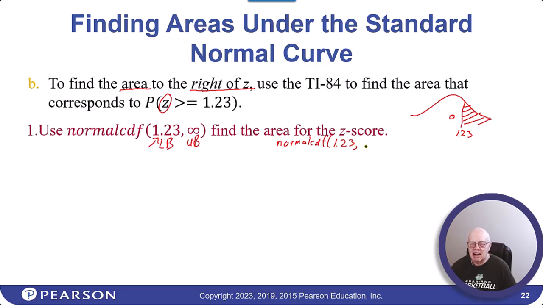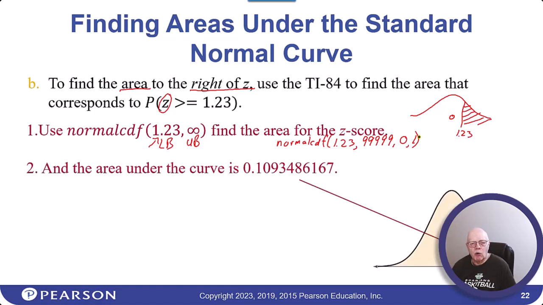And because I like to make the typing easier, I'll just put a bunch of 9s there. And since I want to be careful and get a good habit, I'm going to put in the 0 and 1. And take a look at that. I better end up with something less than 0.5. So there's my picture, a better picture, I admit. The area under the curve, 0.1093 approximately. We're in good shape.